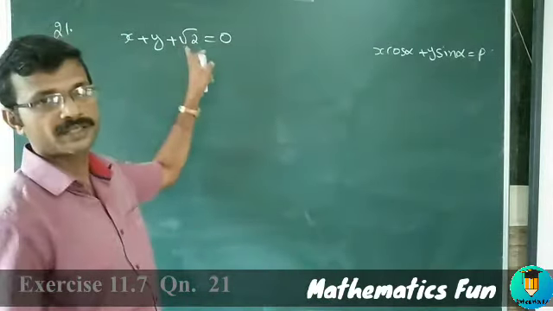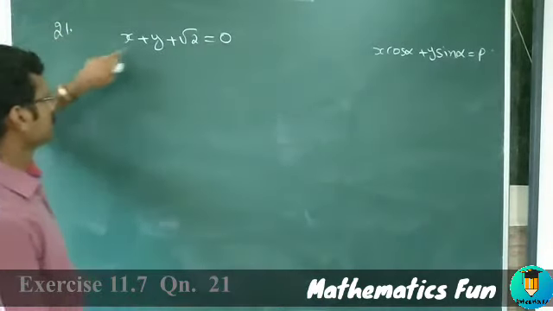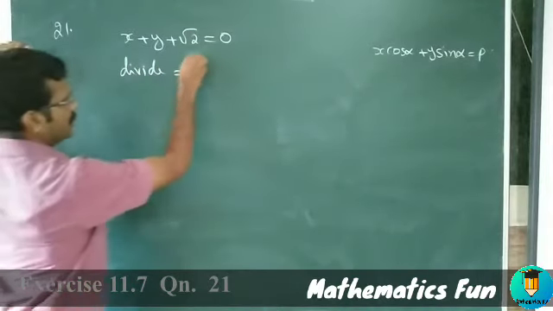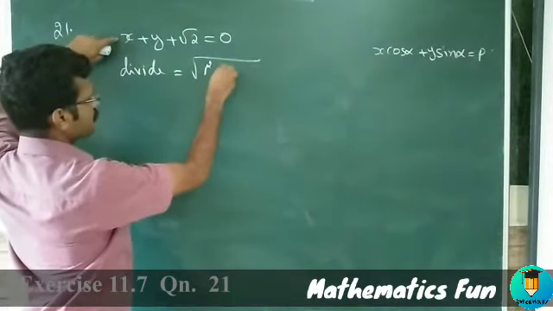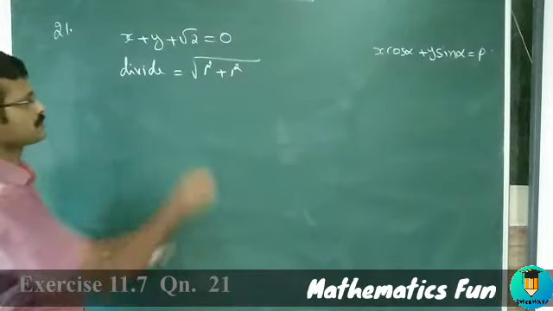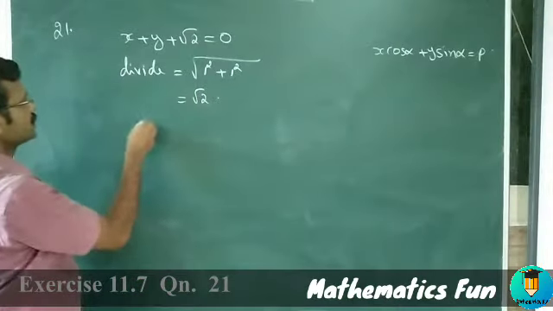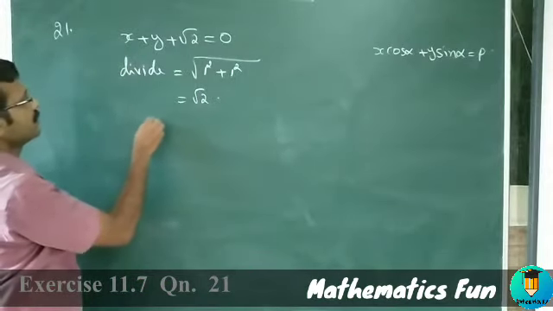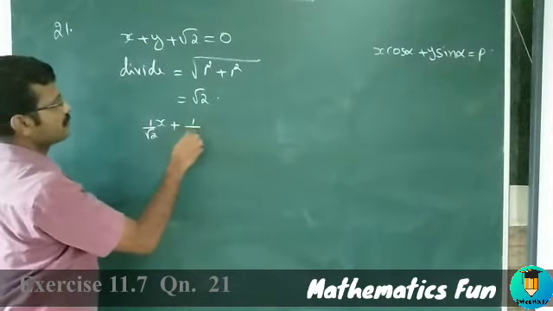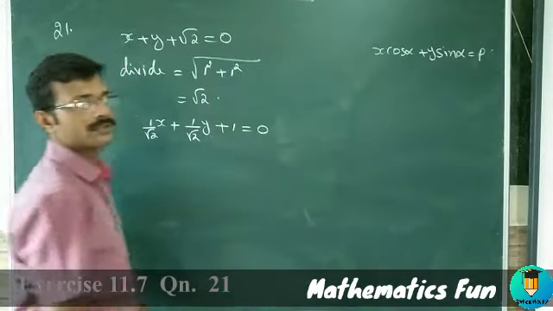I already explained this when I was starting this topic. So how to do it? We have to divide by the square root of the sum of the squares of the coefficients of x and y. So it becomes root 2. So I have to divide, and naturally the first term will be 1 by root 2 x, the next is 1 by root 2 y, plus 1 is equal to 0.